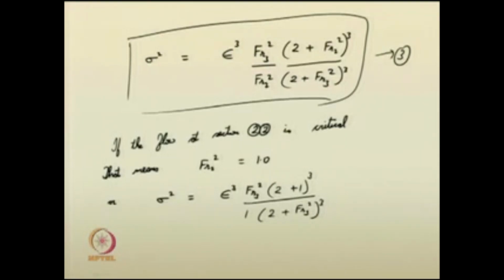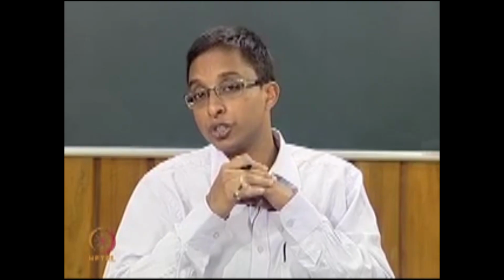But for the flow at the obstruction section to be critical, the width ratio, that is B2 by B3, the square of that ratio will be obtained based on the downstream Froude number.